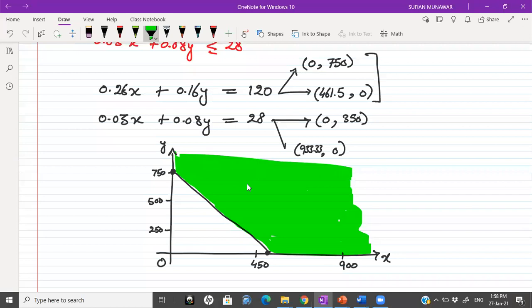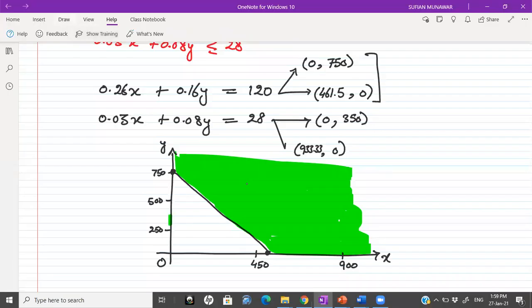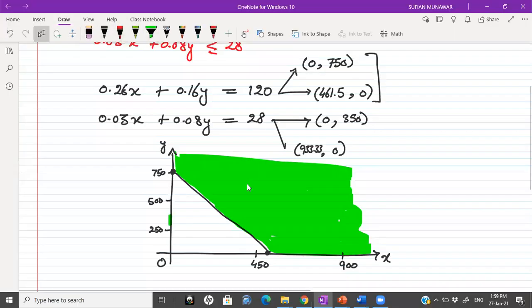Now we come to the second one. 350 will be around here, and 933.3 will be to the right side, around here.